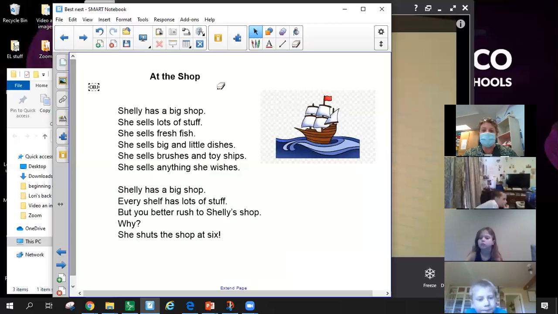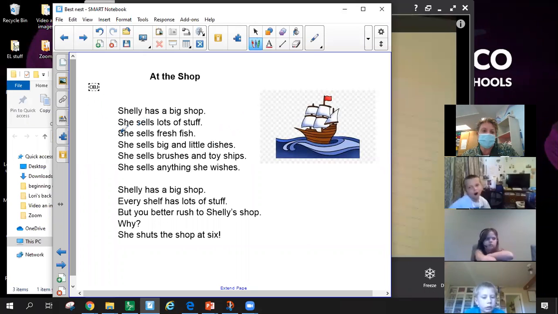All right. Where do you see a word that has an SH as a sound? Elena? She, lots of she's, right? Each of those she's has a sh in it, right? All right. Where else do we see an SH word?